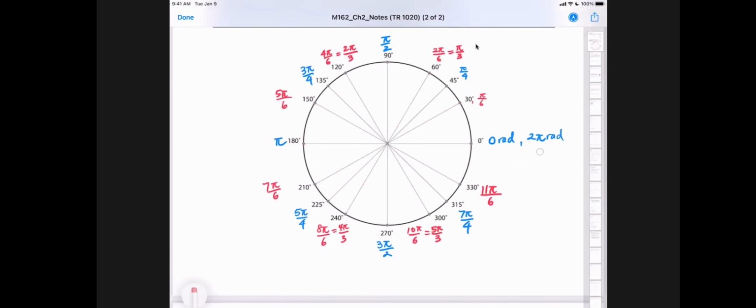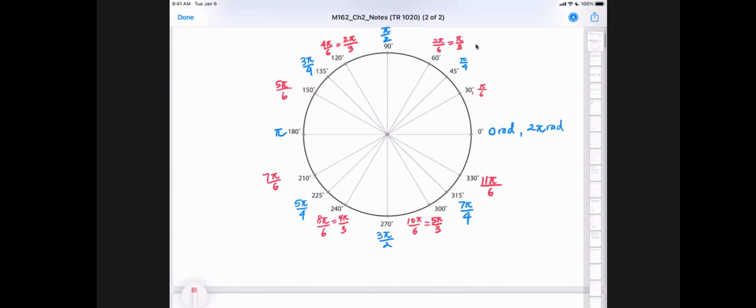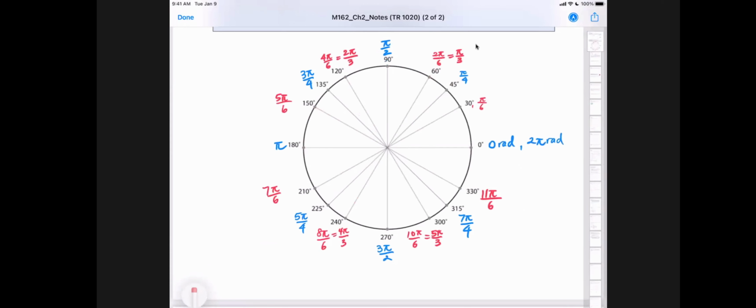All right, so we'll practice this some more, but you do want to get fluent to the point of, okay, I need to find cosine of 300 degrees. Well, it'll say cosine of 5 pi over 3, and you have to be like, oh, okay, 5 pi over 3, that's the over 3 or over 6, counting by sixes.